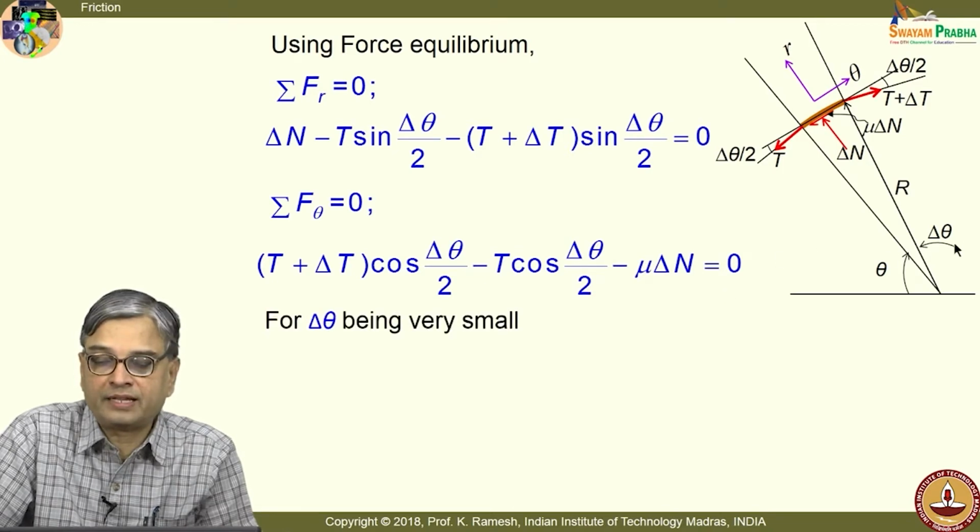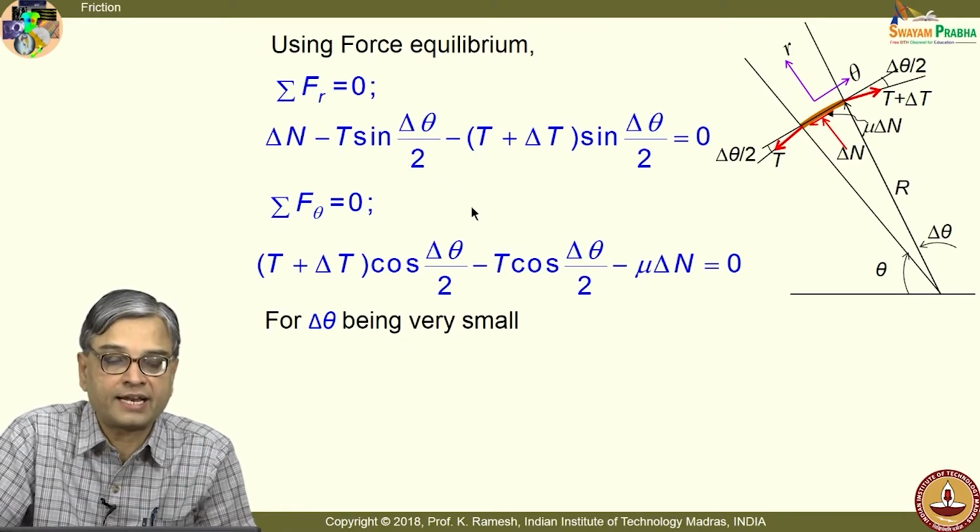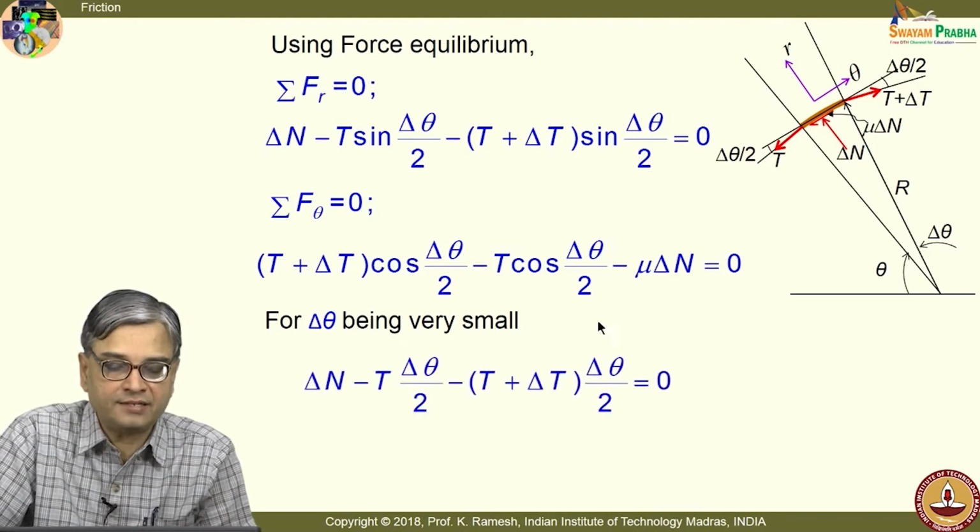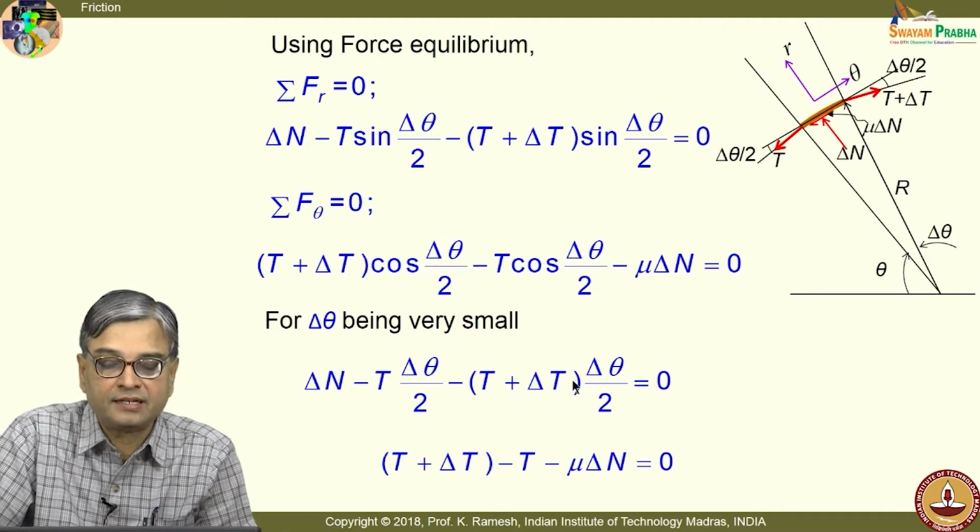And you know very well that delta theta is very small. I can replace sin delta theta by 2 as delta theta by 2, and cos delta theta by 2 as 1. So, when I do this, I get an expression like this: delta N minus T delta theta by 2 minus (T plus delta T) multiplied by delta theta by 2 equal to 0.